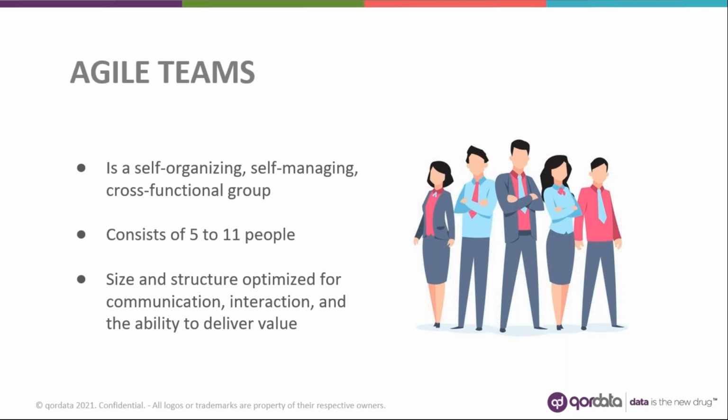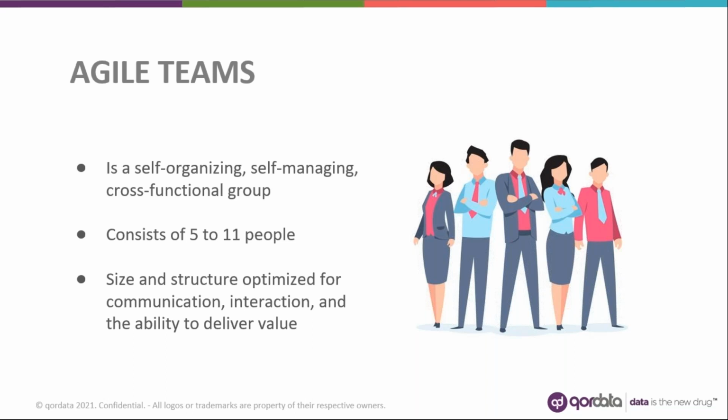So you see, the self-organizing nature is very important, and the team size is there for a reason. If we increase the team size to more than 11 people, let's suppose a team of 20 or 25 people, there is a lot of communication going to and fro. And when there's a lot of communication, people get confused.